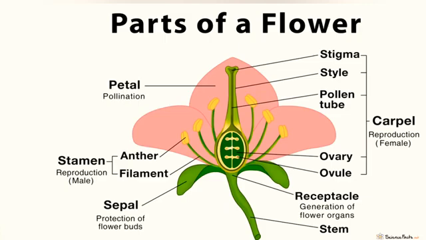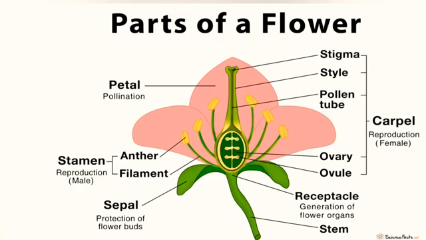These lower parts are called sepals. This is the stalk, receptacle, and the pink colored are petals. Then carpel is here. It is shown.